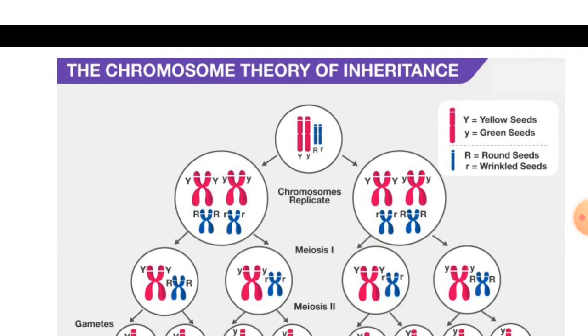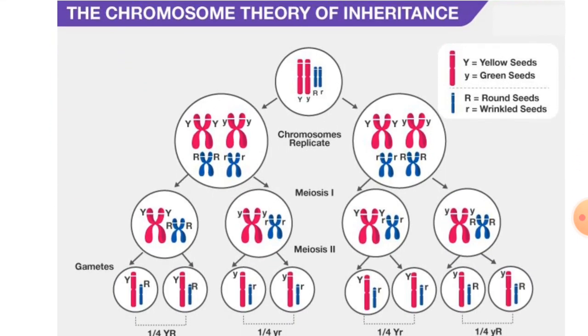So, here in this picture, you can see the chromosomal theory of inheritance with an example of the yellow and green seeds, round and wrinkled seeds on the chromosomes, the example which you have discussed for the dihybrid cross of Mendel. Now here you can represent it by the chromosomes.